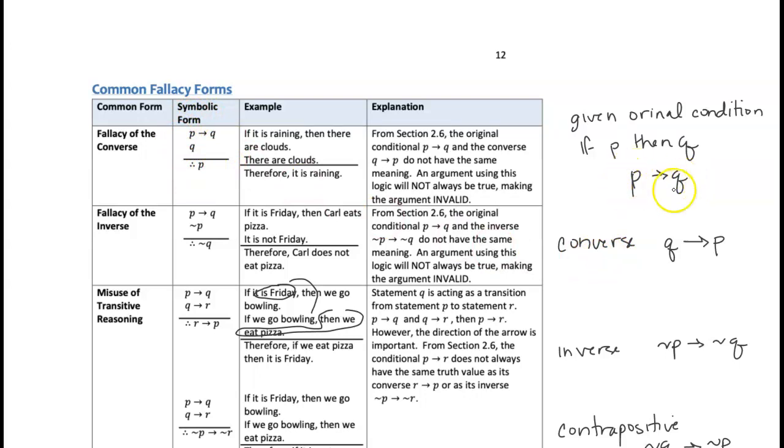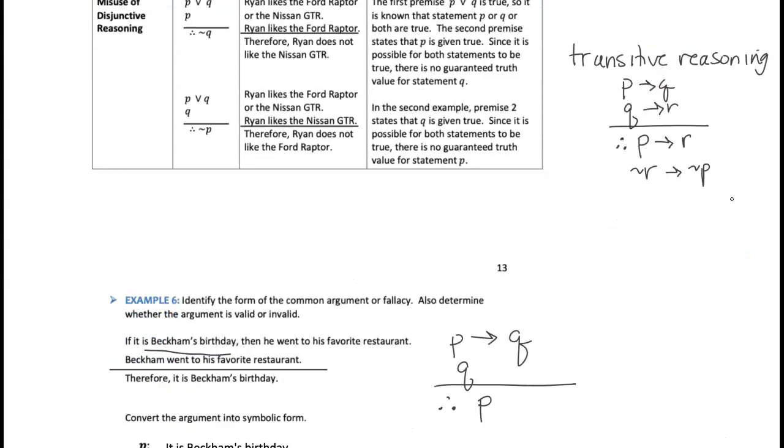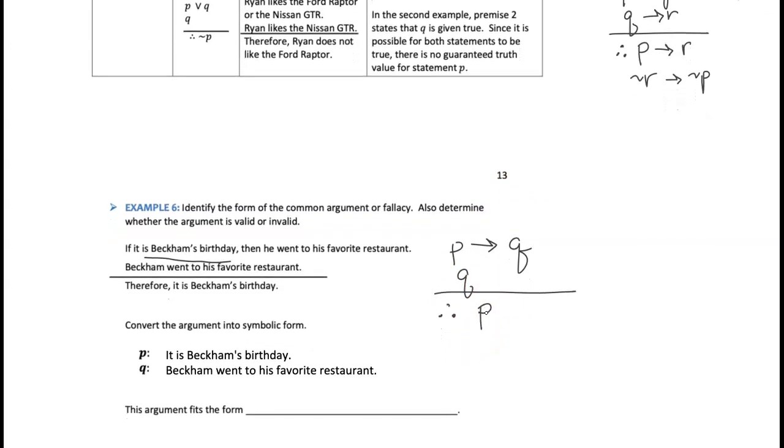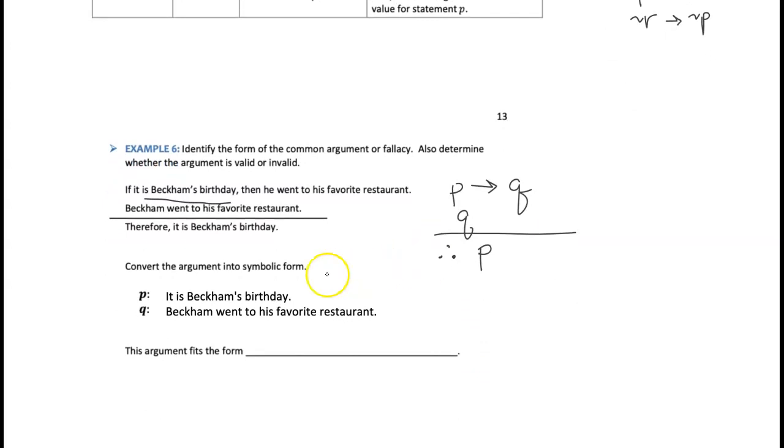If statement P, then statement Q. So if you're given statement Q, does that imply statement P? We're given statement Q, and we're trying to determine if our conclusion, statement P, will make the argument valid or invalid. So this fits the form fallacy of the converse.